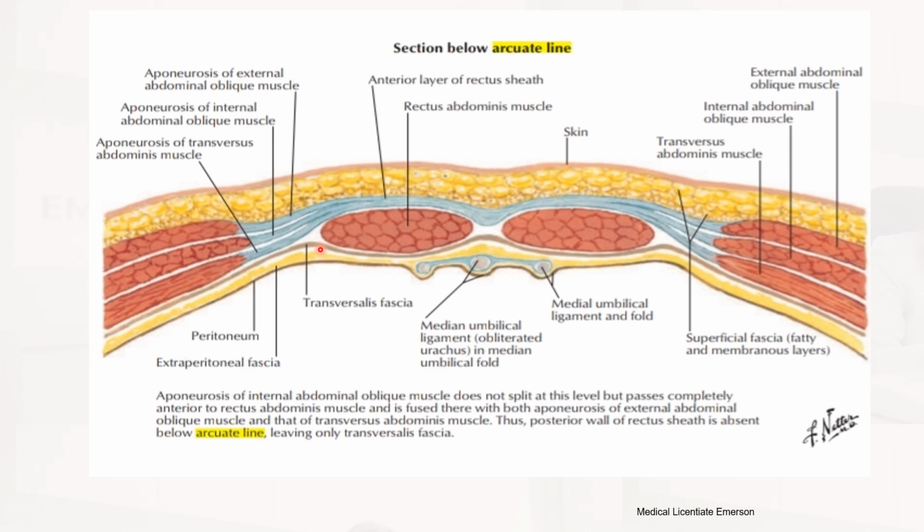Then you have the transversalis fascia, then the extraperitoneal fascia, and finally we reach the peritoneum. That's the layers of the anterior abdominal wall from superficial to deep.